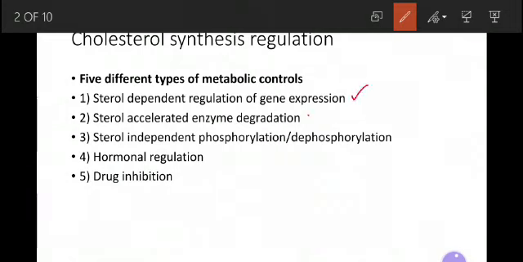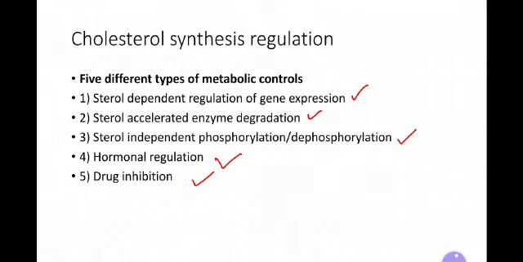Second is enzyme degradation. Third is dephosphorylation. Fourth is hormonal regulation, and fifth is drug inhibition. One by one, we'll study all these 5 factors.